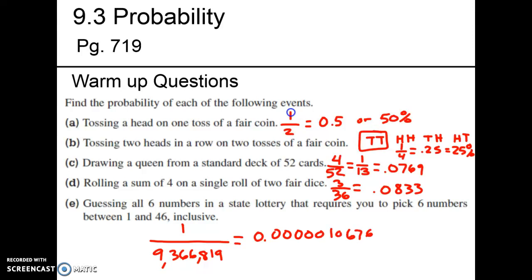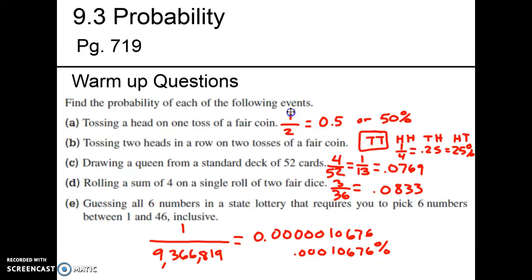So if you wanted the percentage, it would be 0.000106766%. So obviously not very likely. That's why playing the lottery is always a very unlikely event to happen, to win that.